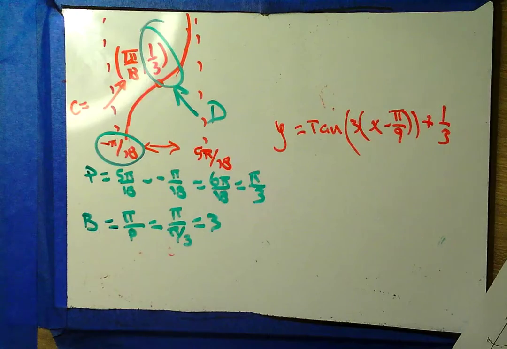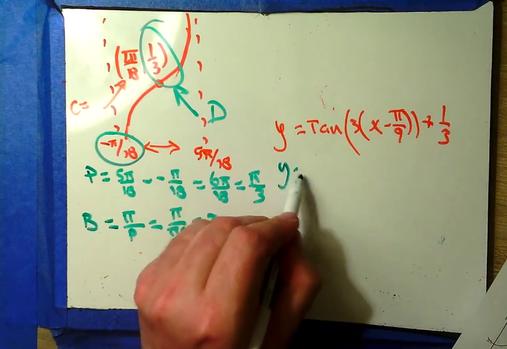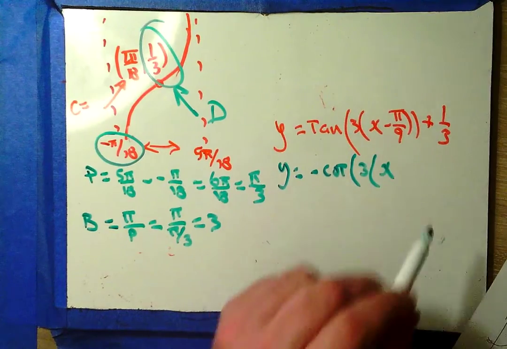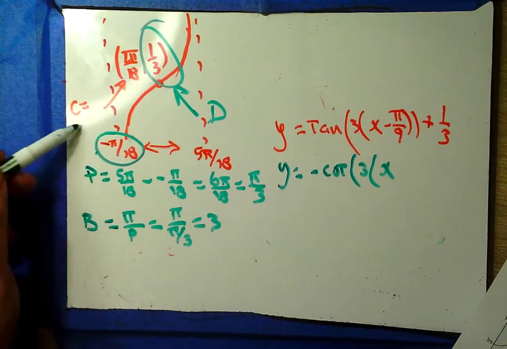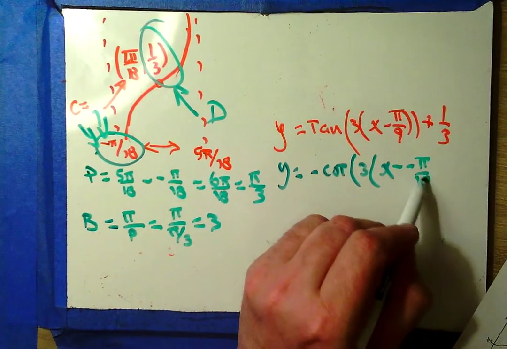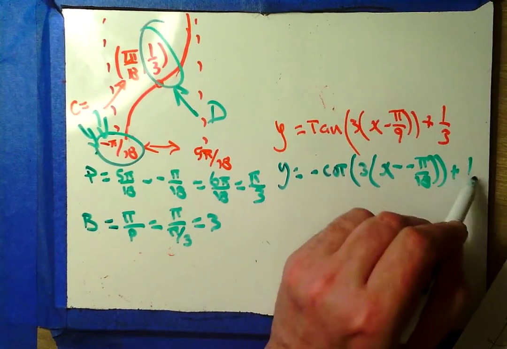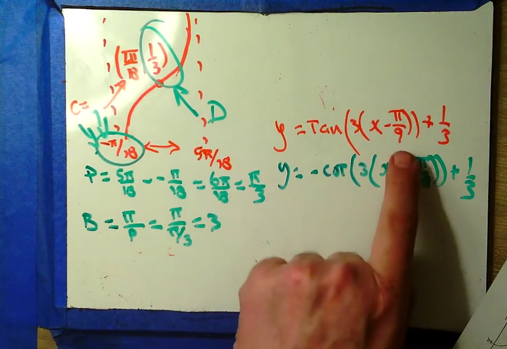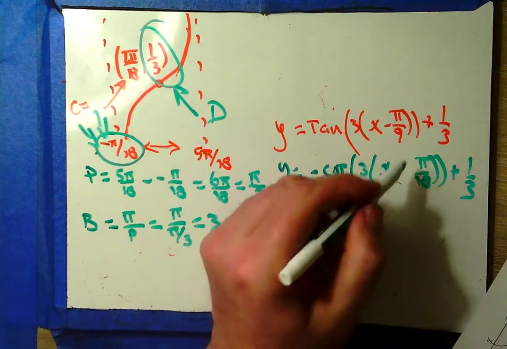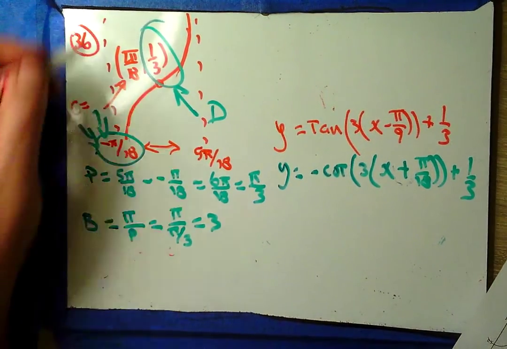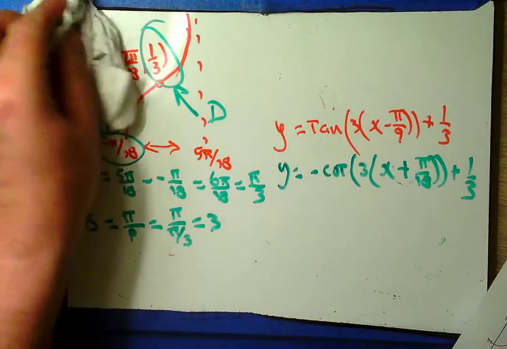Or we could write a negative cotangent, y equals negative cotangent 3x, but this time this is our c value, minus negative pi over 18, plus 1/3. And I'd probably tidy that up to be plus. Okie doke. There's 36. Let's take a look at 37.